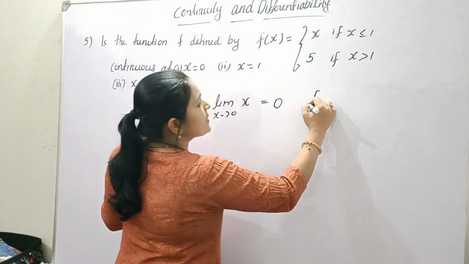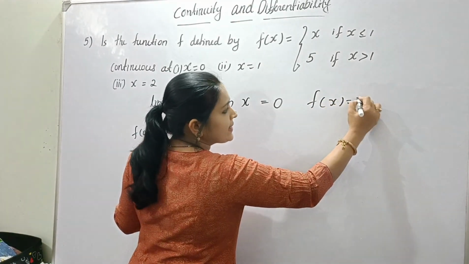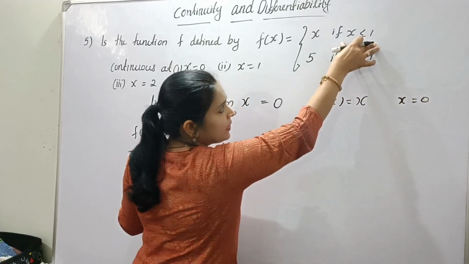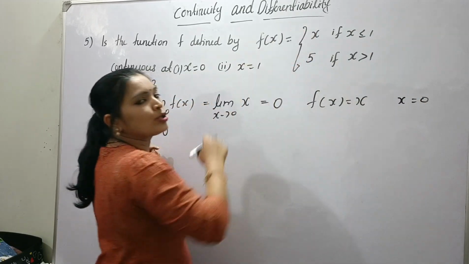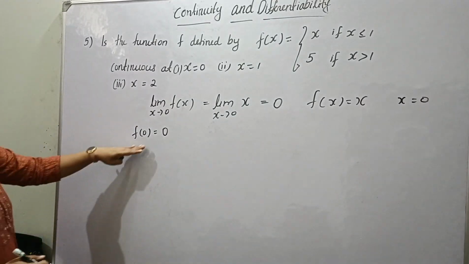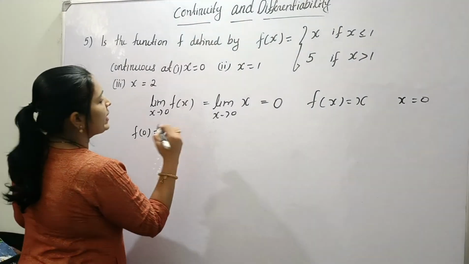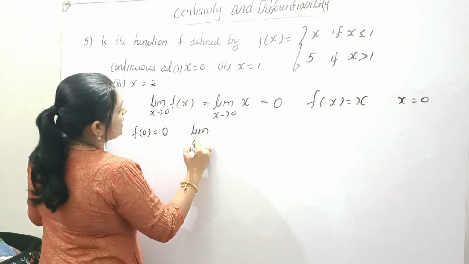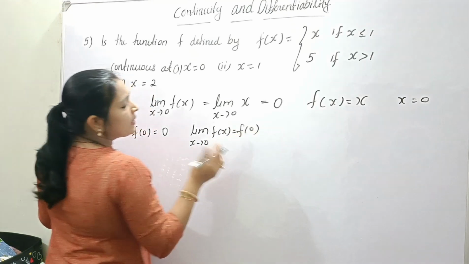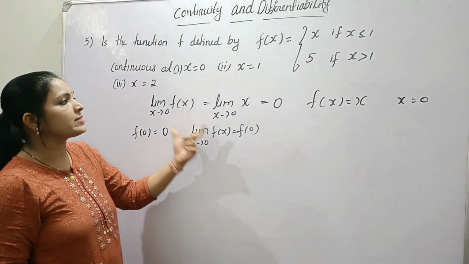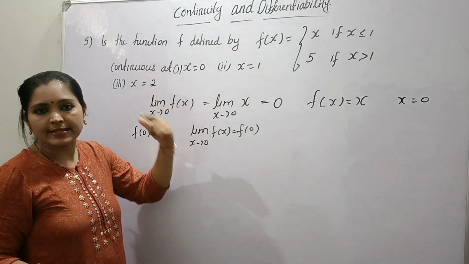Okay, why? Because f of x is equal to x when x is less than or equal to 1. So f of 0 is equal to 0. So here we have got limit x tends to 0 f of x is equal to f of 0. Therefore we can say this function is continuous at x is equal to 0.